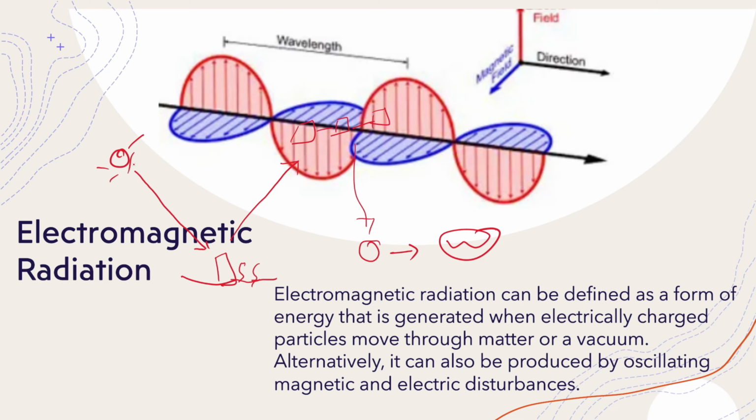When the light travels from the source to the target and is then reflected back, it travels in the form of electromagnetic radiation, right? And what actually is electromagnetic radiation?